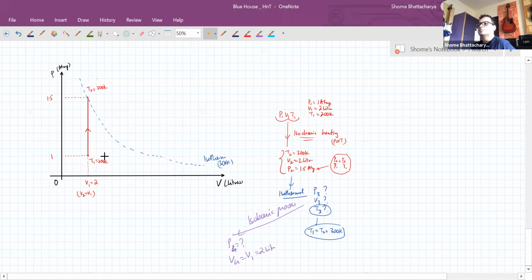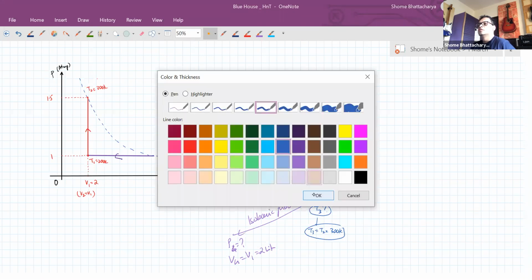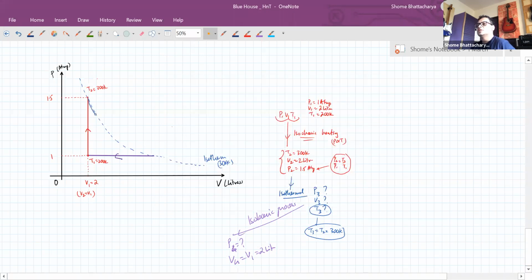The third process must be like this. It's an isobaric compression. That means my isothermal process must have been from here exactly to this point, so that I can come back to my initial state isobarically.